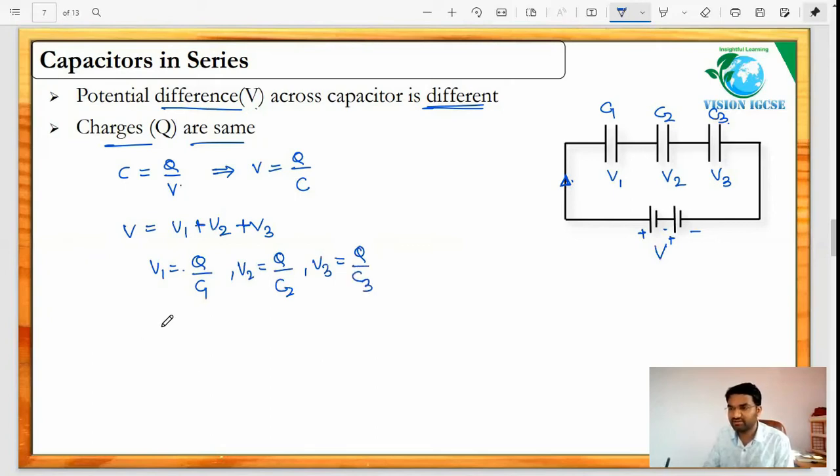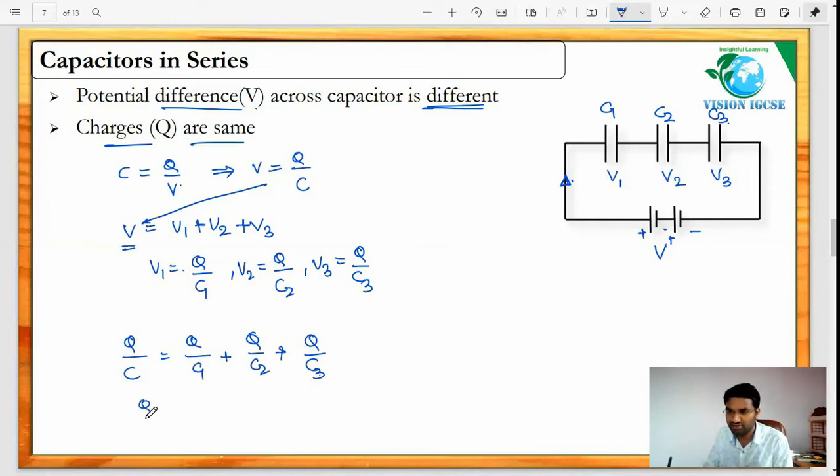Then just put this in the equation. We know already the potential difference V is equal to Q over C, that is equal to Q over C1 plus Q over C2 plus Q over C3, right? So just take Q out, because on the left hand side we have a Q, right?